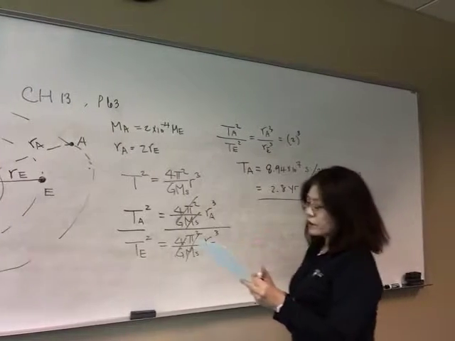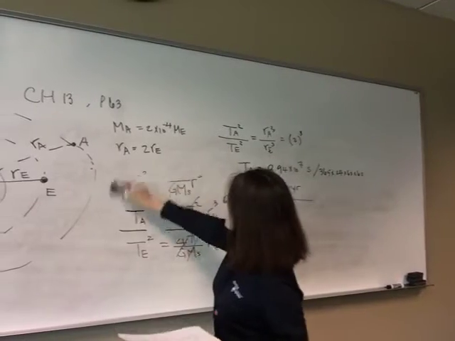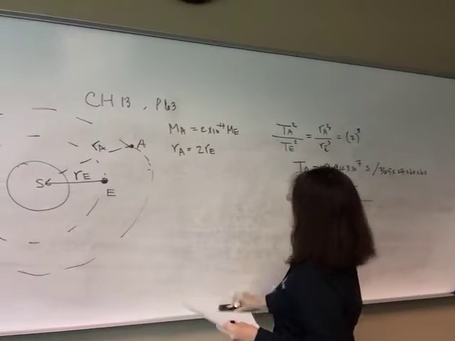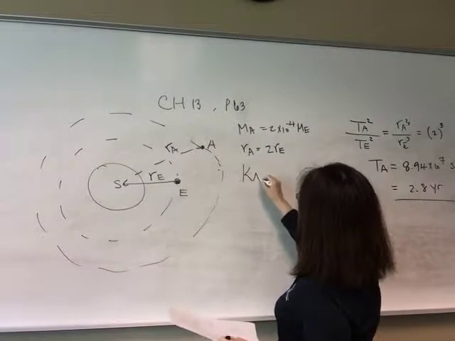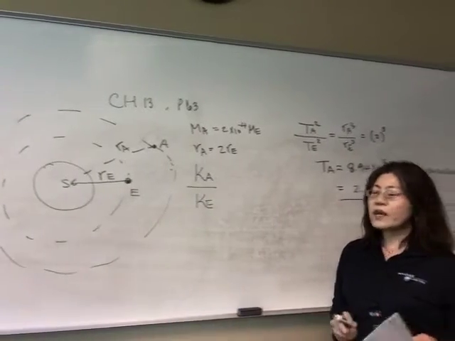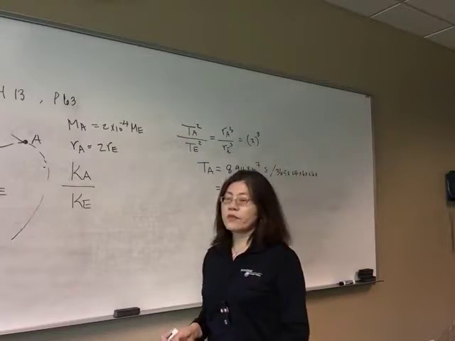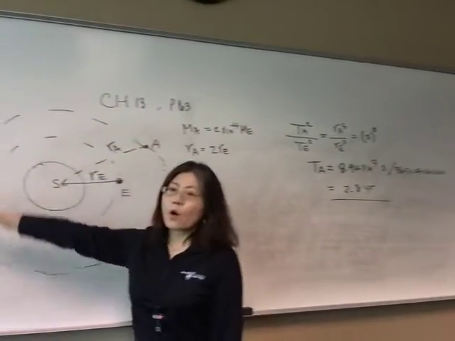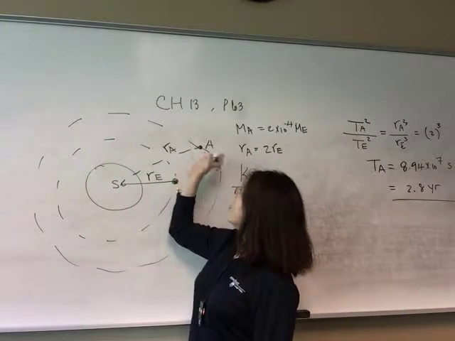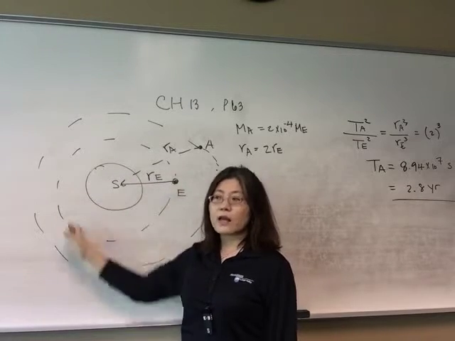And then you also find the ratio of kinetic energy. So let's set up the equation first. That's KA. You want to find KA over KE. So we need to figure out the expression for the kinetic energy of the asteroid and the Earth. When you have both the asteroid and the Earth orbiting around the Sun, they are like satellites.